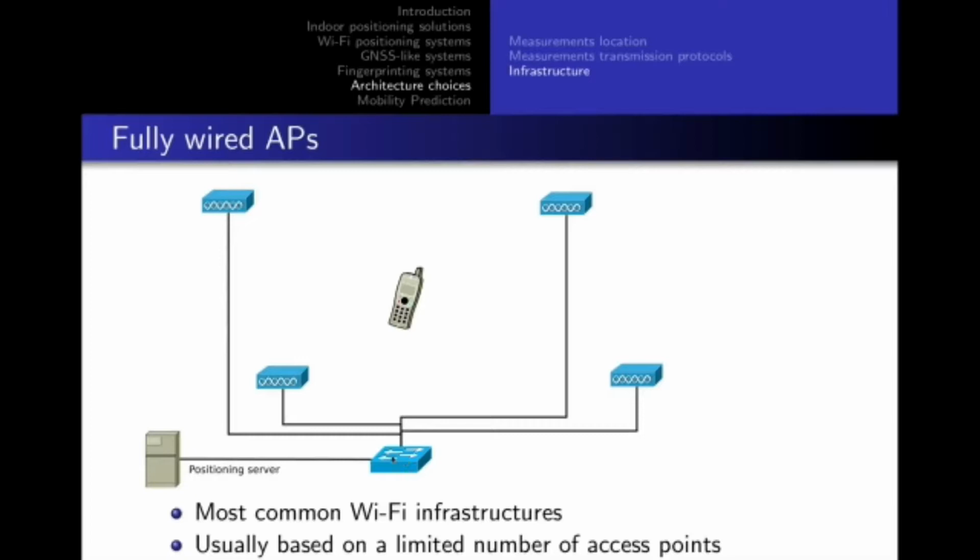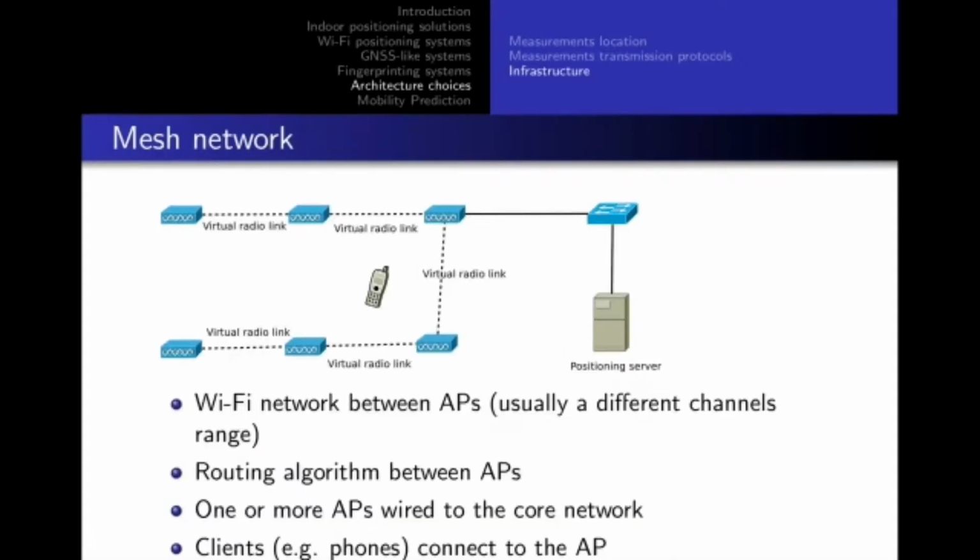With this kind of infrastructure you cannot have thousands of access points because you require to cable every access point, which takes some place and requires a lot of work. Then you can use a mesh network, so you have the core network part.